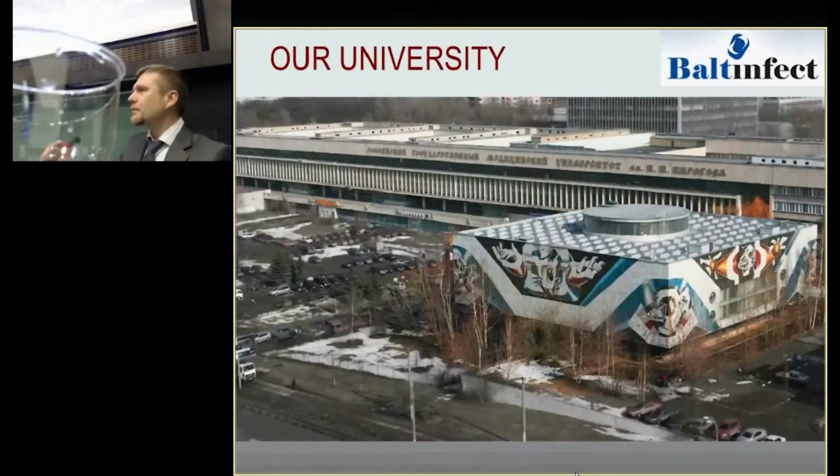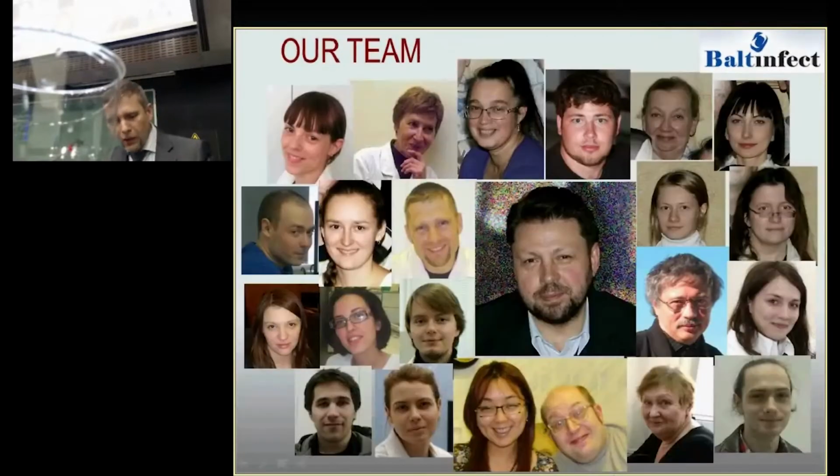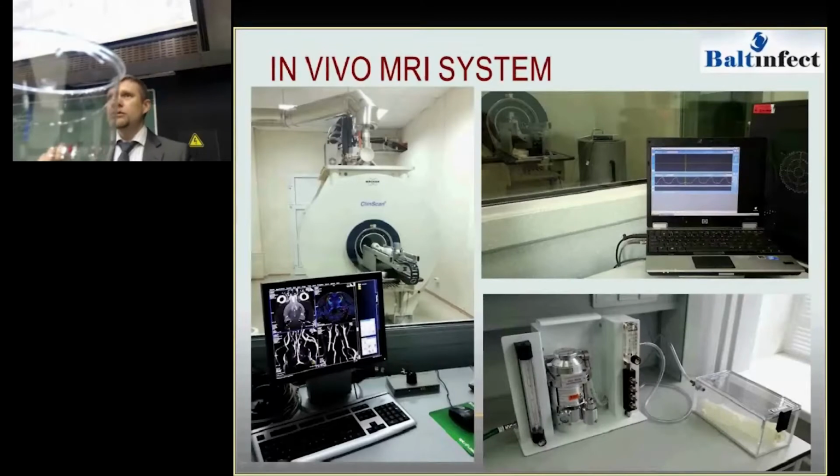Here is our university, Pirogov Russian Medical University, named after the famous surgeon Nikolai Pirogov. Here is our team, our big boss. And let me introduce our medicinal nanobiotechnology department.